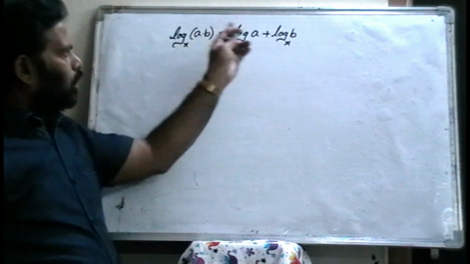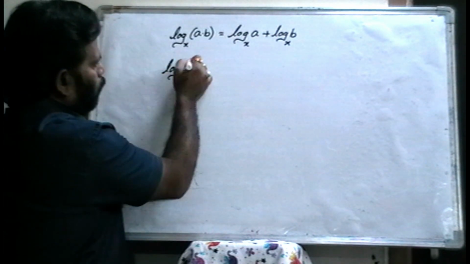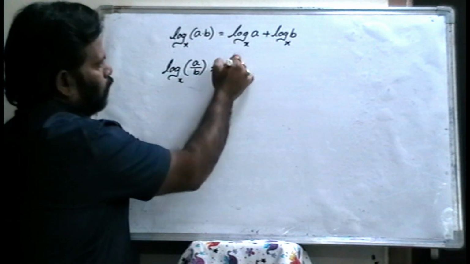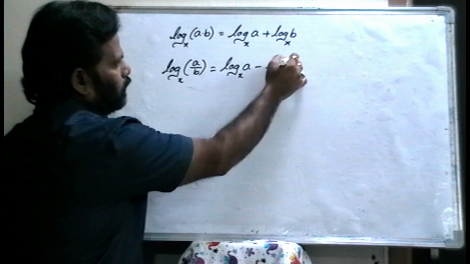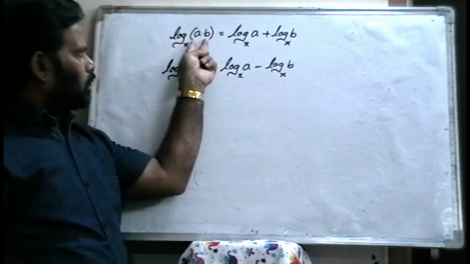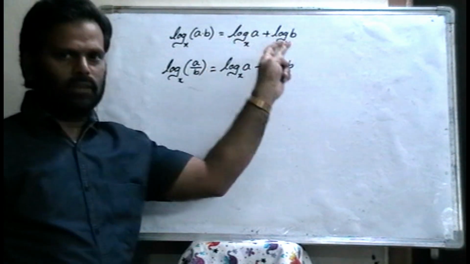Again, log A by B to the base x is equal to log A base x minus log B base x. So log A into B is equal to log A plus log B, and log A by B is equal to log A minus log B.